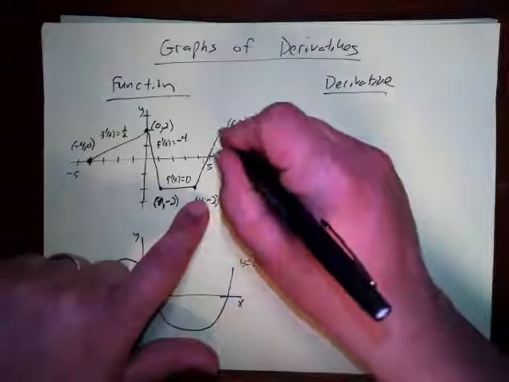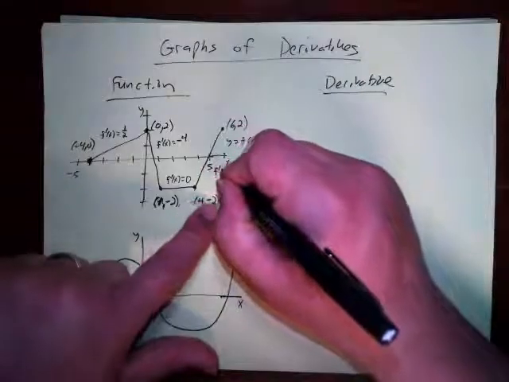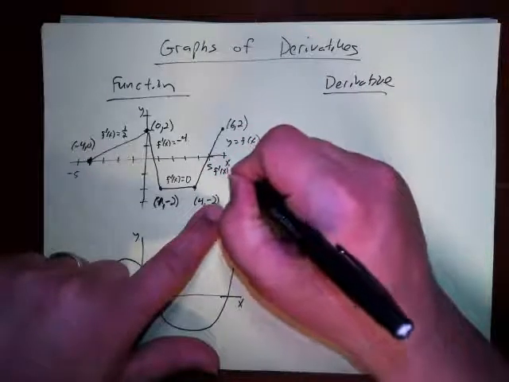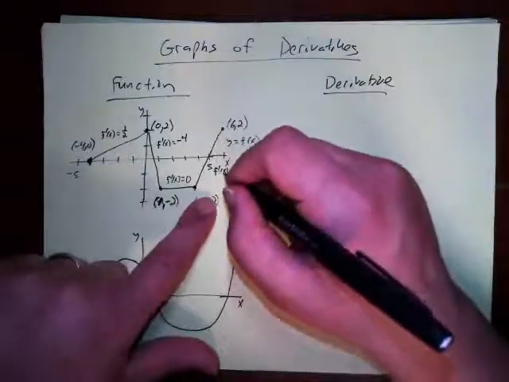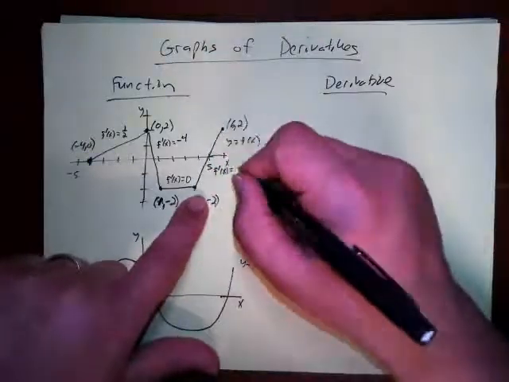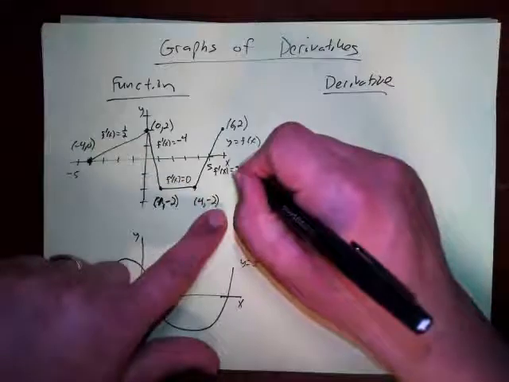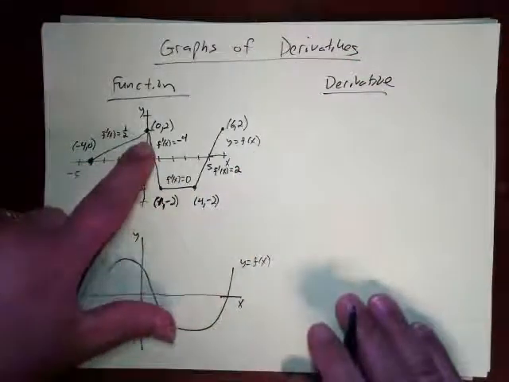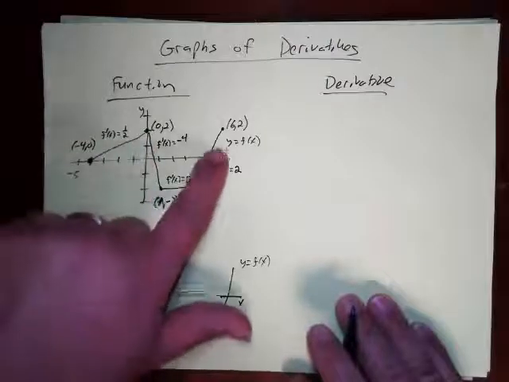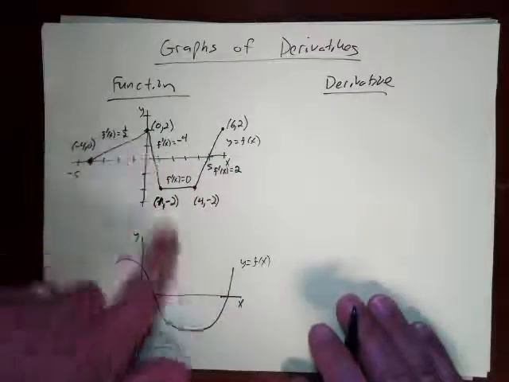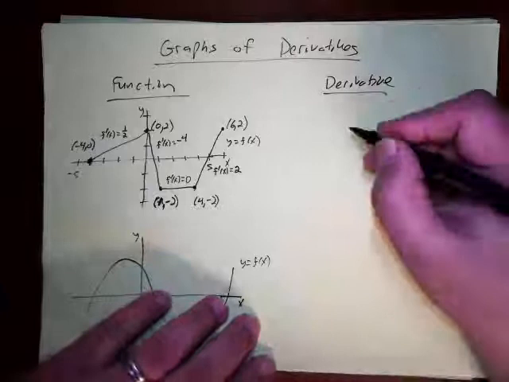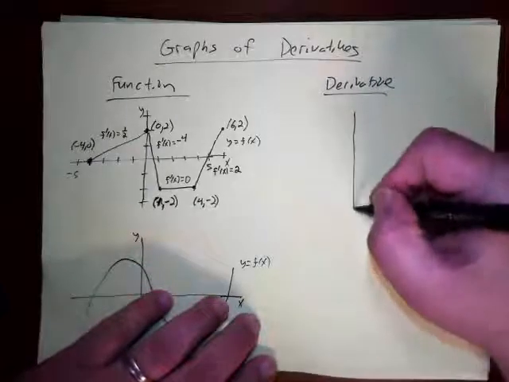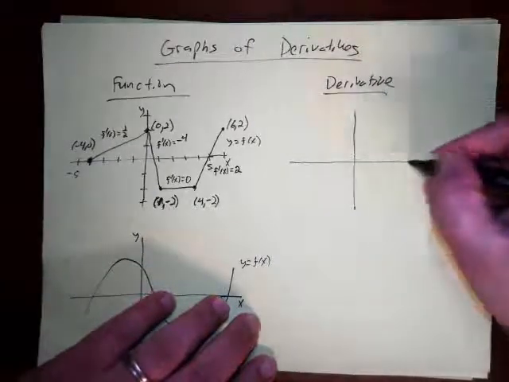So on this portion of the graph, f prime of x is a positive 4 over 2, so a positive 2. And so the derivative on each of these intervals is a constant, and its value is given right there. So it's a pretty easy thing to graph here.